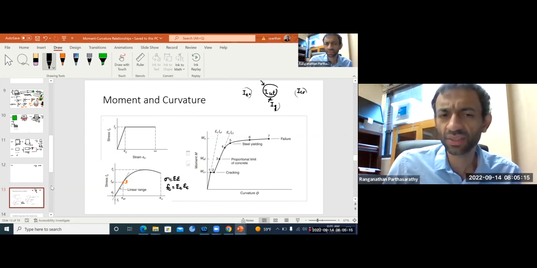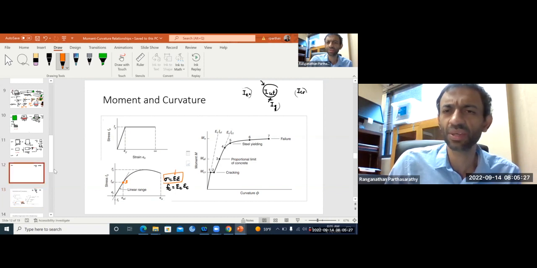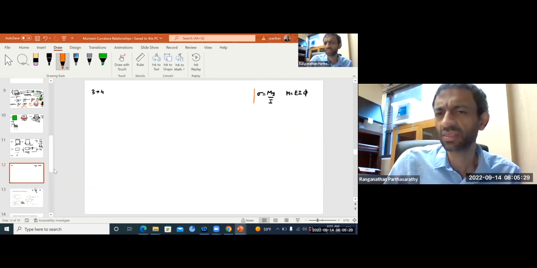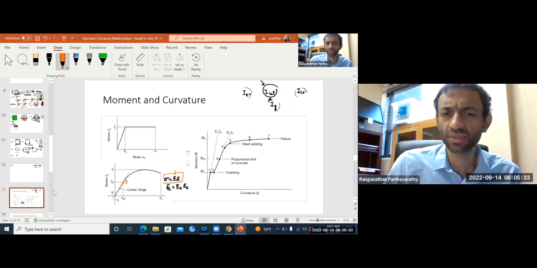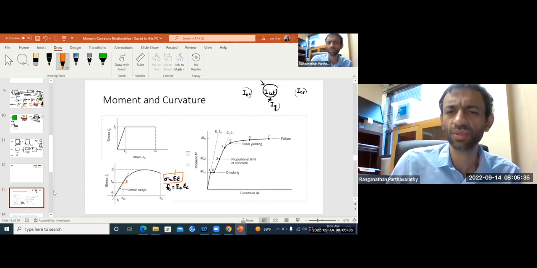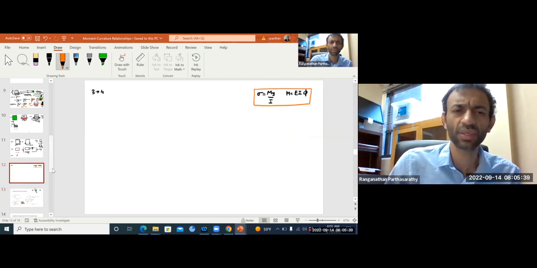We already crossed point 3, and the concrete has already gone into the nonlinear range. Can we write stress equal to modulus times strain, Hooke's law? We cannot. It's not linear anymore. That means the equations we derived for linearity cannot be used anymore from 3 to 4. So what will we do from 3 to 4?